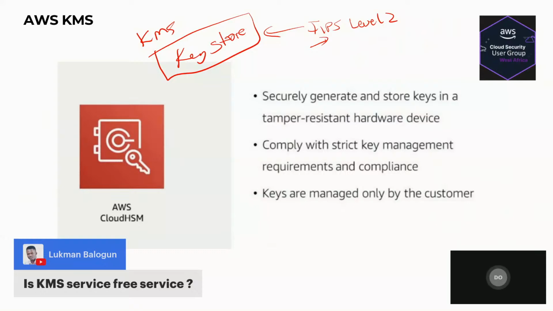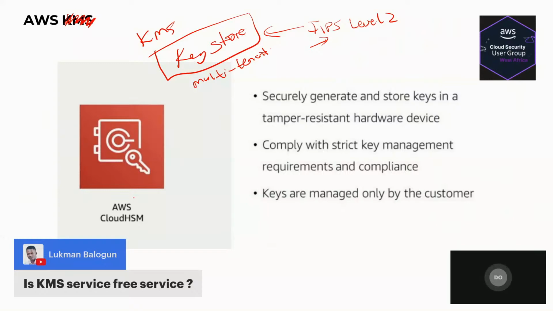So for example, the underlying key store that's used by KMS is multi-tenant. It's shared with multiple AWS customers. Maybe the compliance requirements require you to have a dedicated key store that is not shared with other customers. So KMS doesn't meet your requirements in that case. And apologies, this should not say KMS, this should say Cloud HSM.